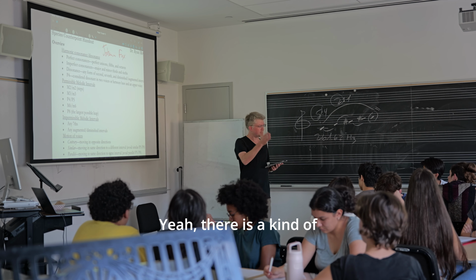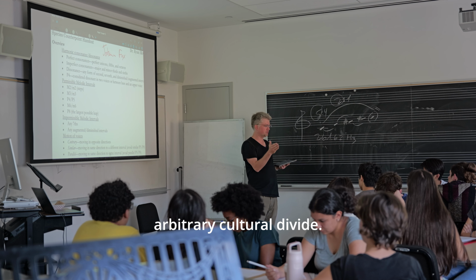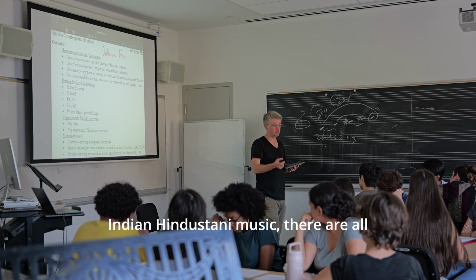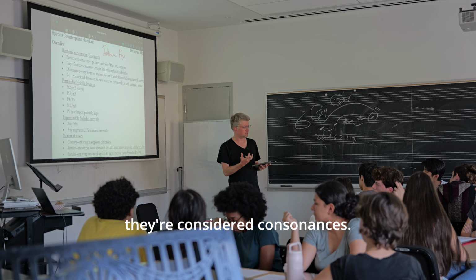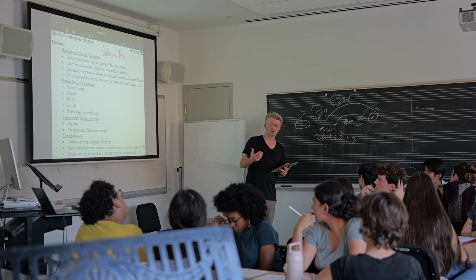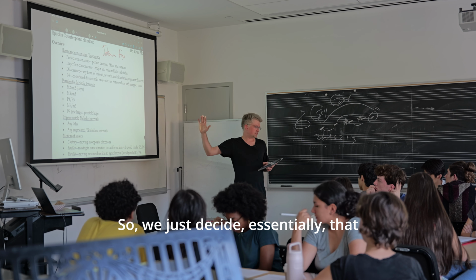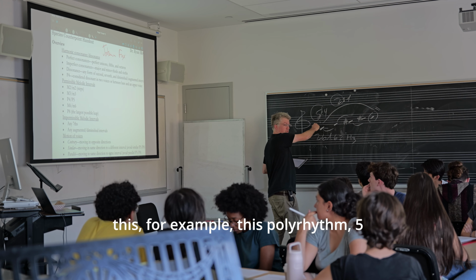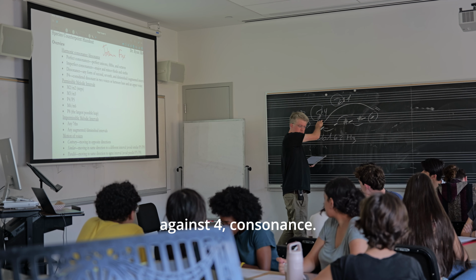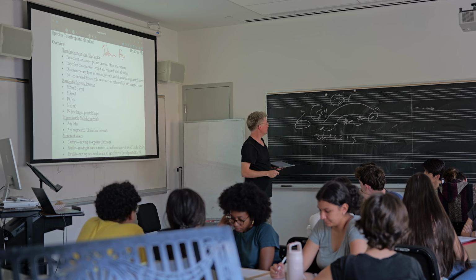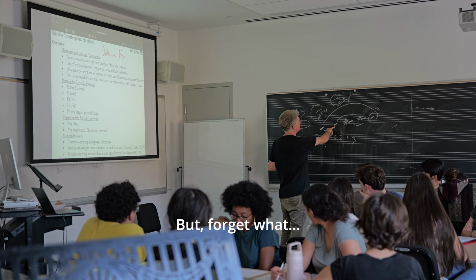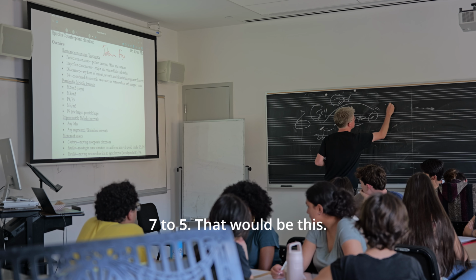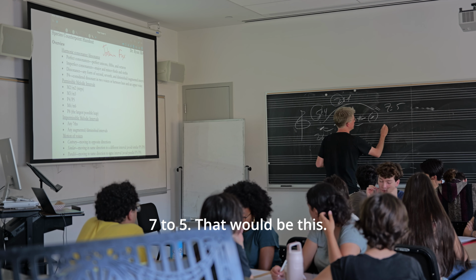Yeah, there is a kind of arbitrary cultural divide. Because if you listen to, for example, Indian Hindustani music, there are all kinds of funky intervals in that, but they're considered consonances. So we just decide, essentially, that this polyrhythm, 5 against 4, is consonant. But what would that be? 7 to 5.